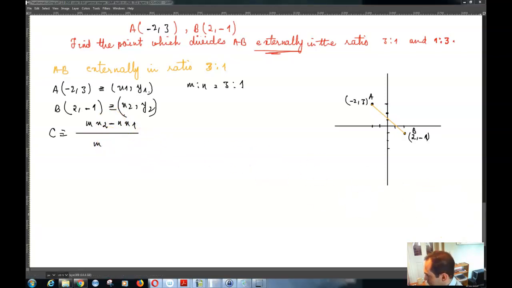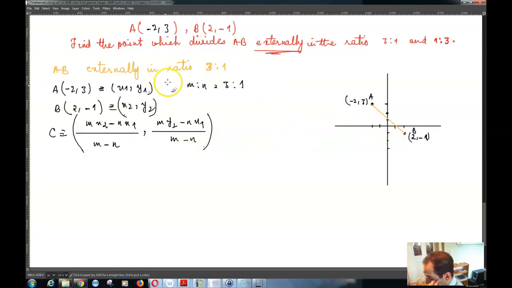All of your n's become negative compared to the formula that we had before. And then the y-coordinate is m times y2 minus n times y1 over m minus n.